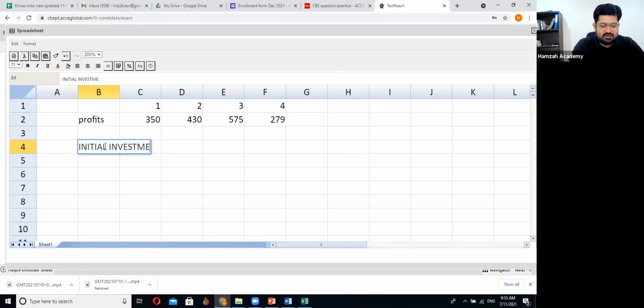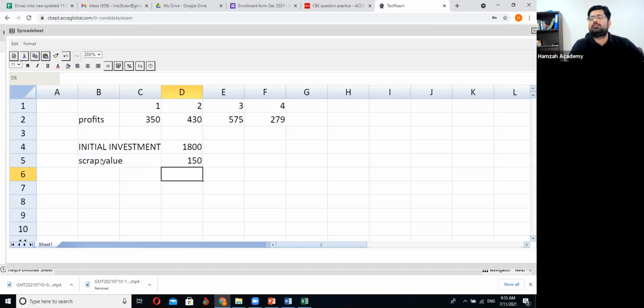Initial investment in the project is, for example, 1800, and scrap value is 150. Now we need to learn how to calculate ARR.